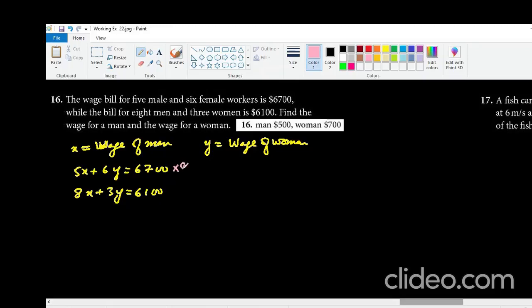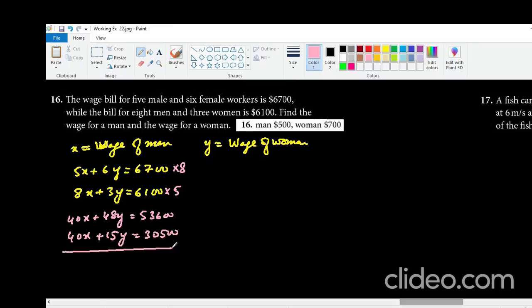So this becomes 40x plus 48y equals 53600, and the second equation becomes 40x plus 15y equals 30500. While the elimination method is used, I will change the signs, and 48 minus 15 gives 33.